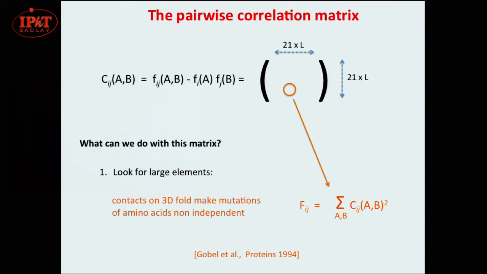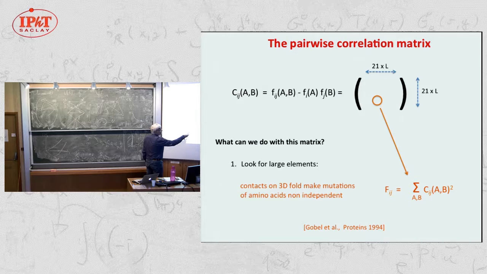So in the 90s, starting from this paper, people looked at this very big matrix and said, let's look for pairs of sites where the correlations seem very strong. And what do they mean?